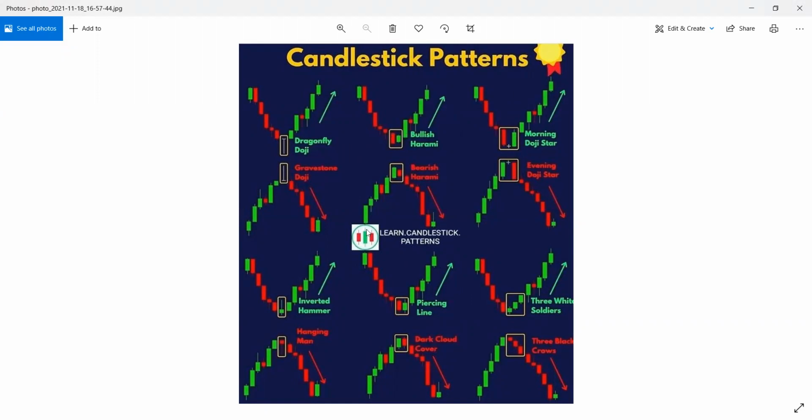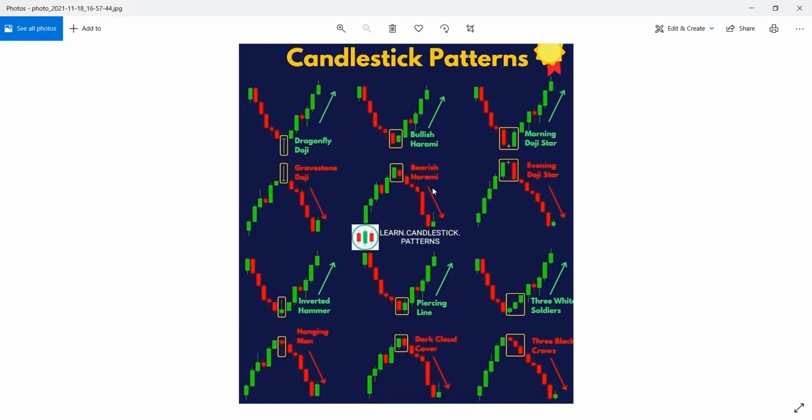As you can see, we have different candlestick patterns: inverted hammer, piercing line, the three white soldiers. That's what I was talking about just now. I said winter, but it's three white soldiers. Sorry. And then we have the evening doji, which I just showed, and then the morning doji star.